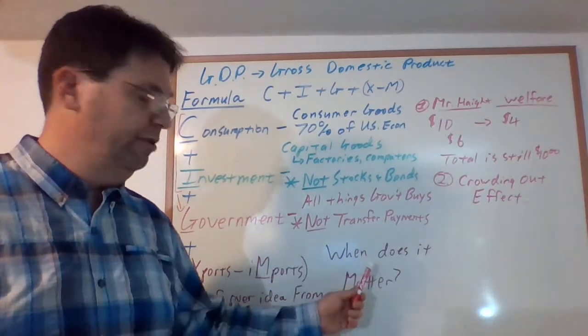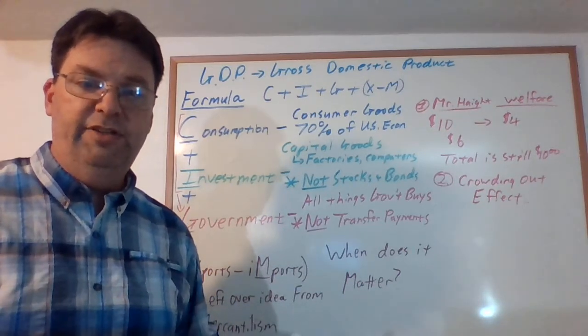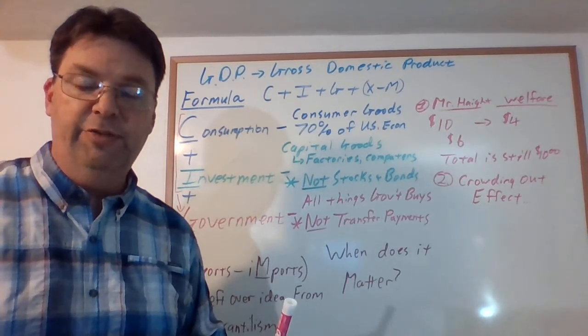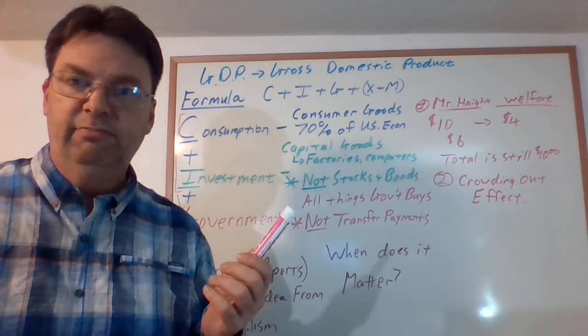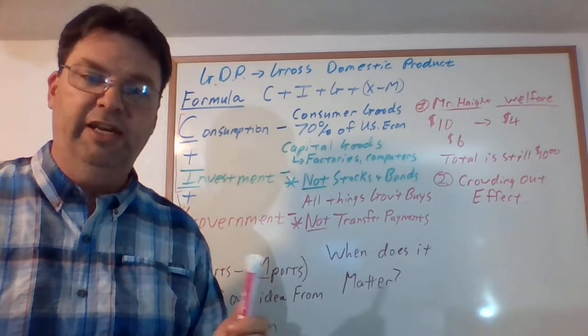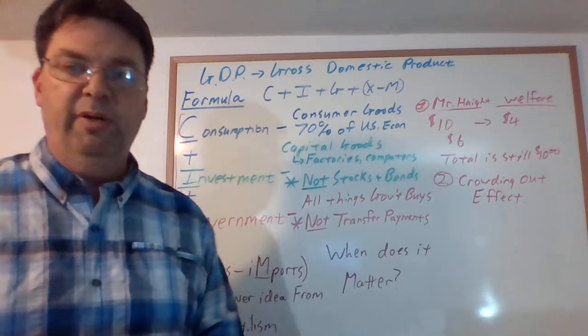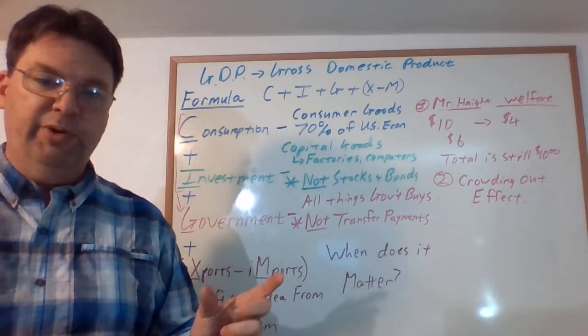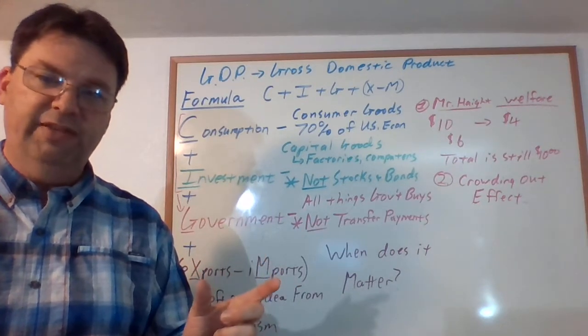So, for your notes there, when does it matter? If you use debt to buy imports, it matters because it's debt. If you earn the money to buy imports, it doesn't matter. You worked for it. It's earned money, and you're spending it on things that make you happy. Okay? So that's the real problem here. Not that the import-export thing necessarily is an issue, but how do you buy those things?